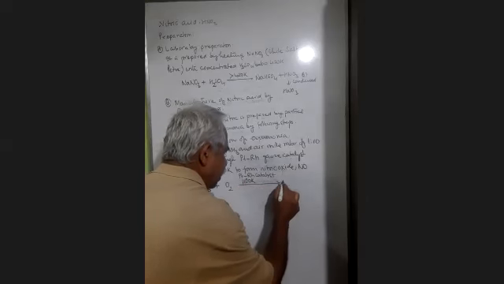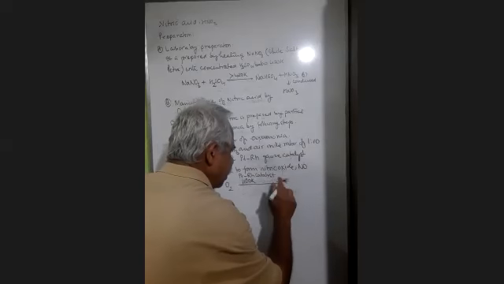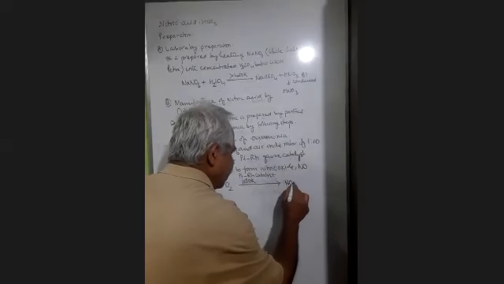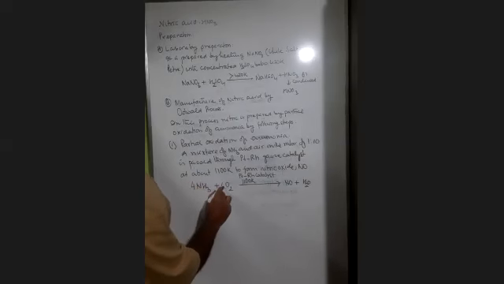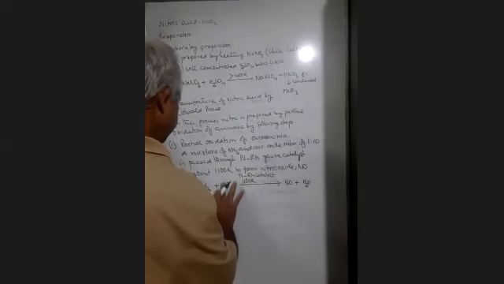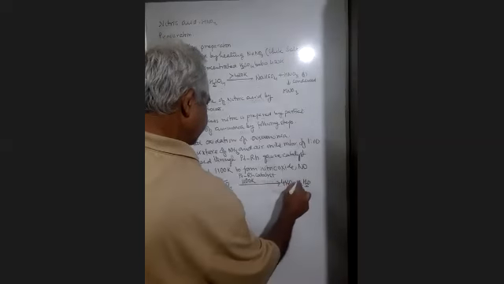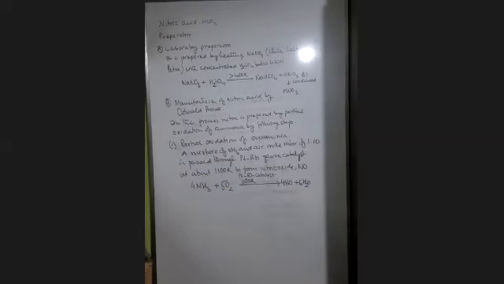Here you'll get nitric oxide plus water. Now, see, you write here 46. And here you write 45 and 46, which is balanced. Okay, right.